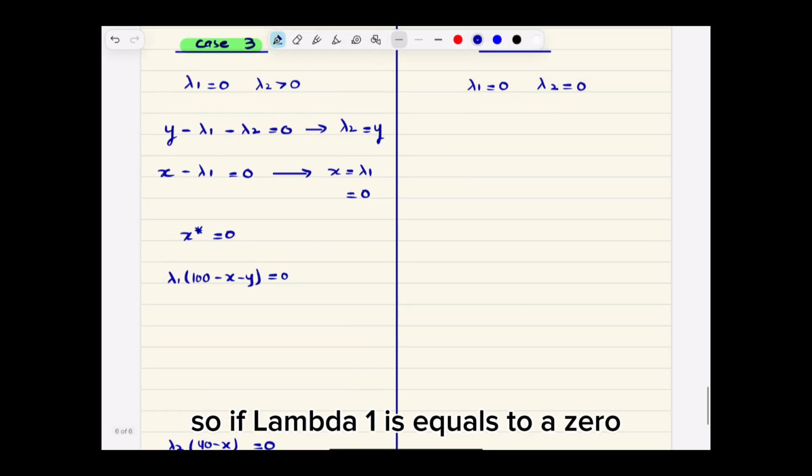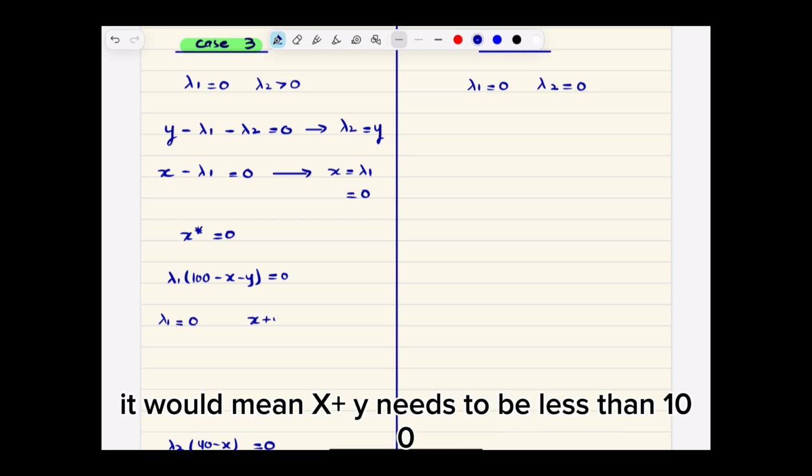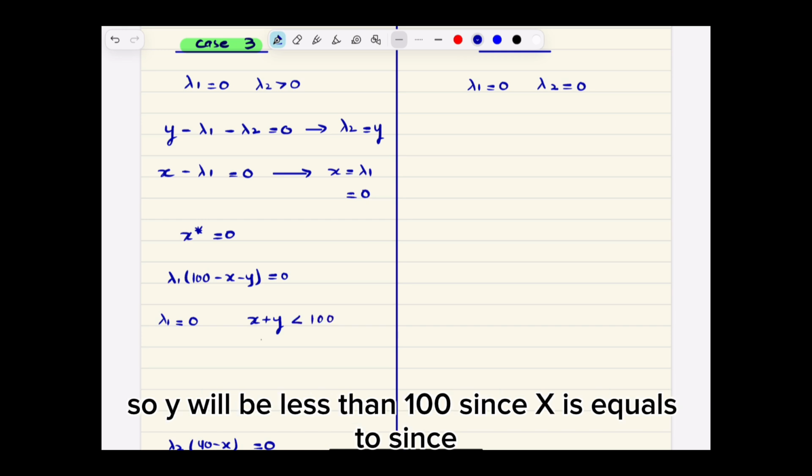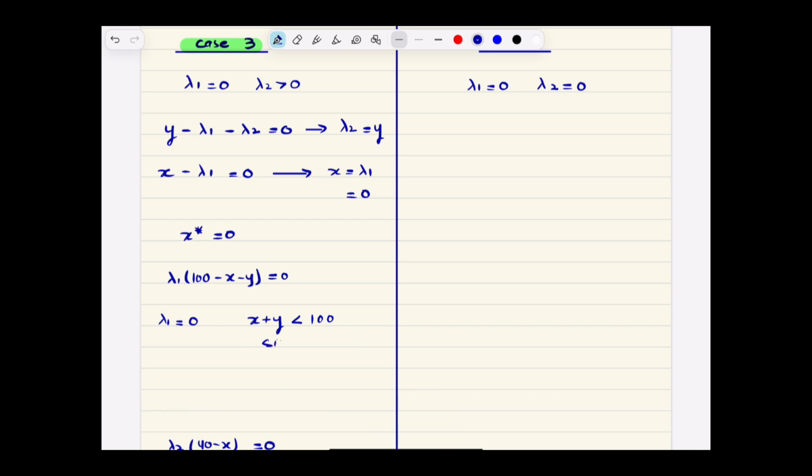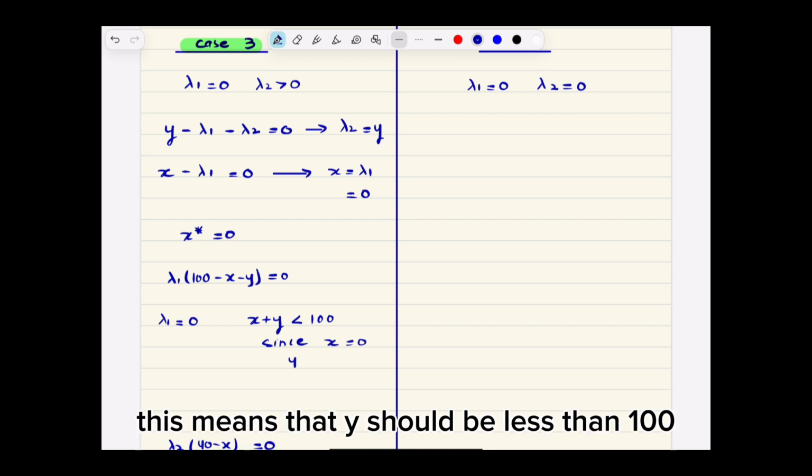So if lambda 1 equals 0, it would mean x plus y needs to be less than 100. Since x equals 0, this means that y should be less than 100.